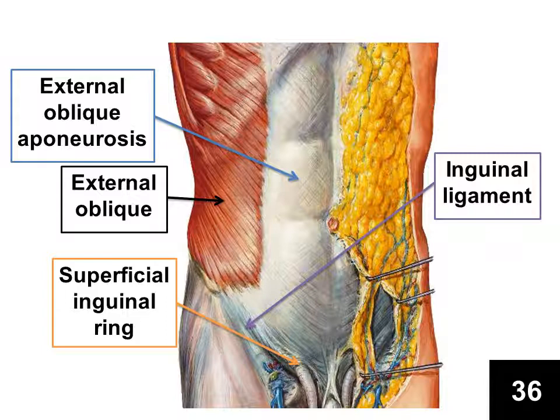The lower border of the external oblique aponeurosis becomes thick and turns upward and backward on itself to form the inguinal ligament.